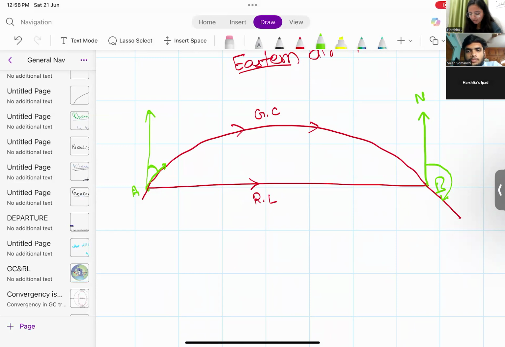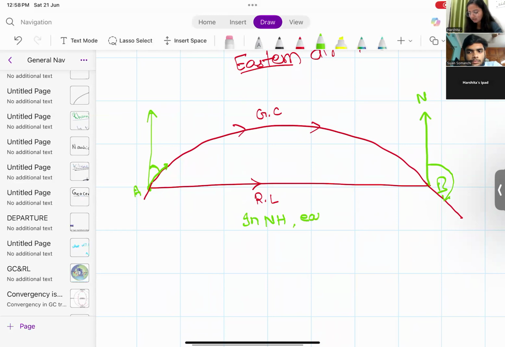So, can I say that whenever in the northern hemisphere, NH is the short form for northern hemisphere, whenever I'm traveling in the northern hemisphere in the eastern direction, my great circle bearing, we'll discuss it in the next class.